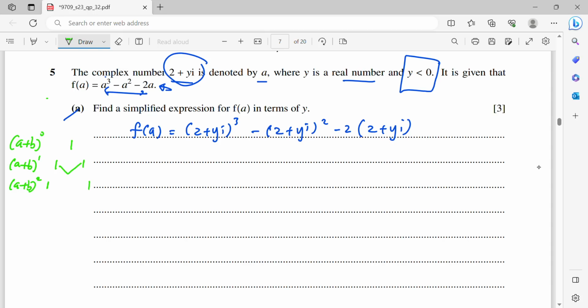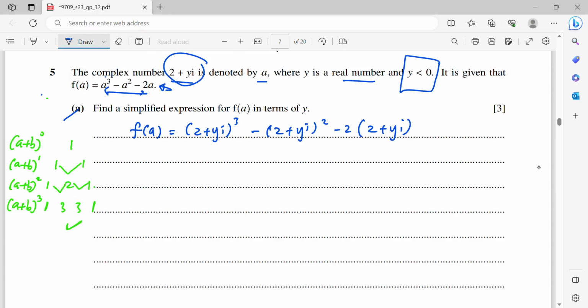Then the middle value will be a summation of these 2 values, so 1 plus 1 will be 2. And now I need to get the cube of the expansion, which means now I will add 1 in front and at the back. Then I will get the sums: 1 plus 2 will be 3, 2 plus 1 will be another 3. Okay, so I have found the coefficients for the terms.